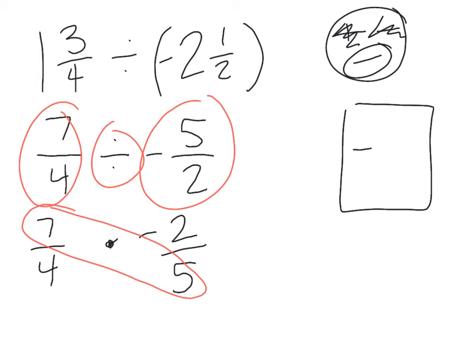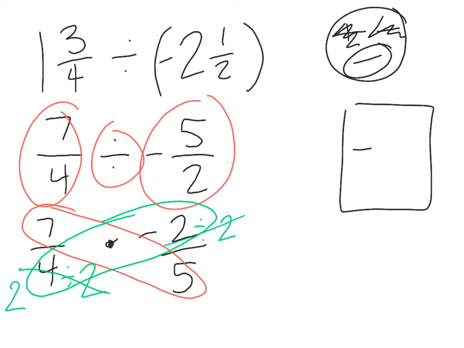Now I'm going to check the other corners. 4 and 2, I can divide them both by 2. 4 divided by 2 is 2. 2 divided by 2 is 1. So I have 7 times 1 is 7. 2 times 5 is 10. I can't simplify that anymore, so I go up to my final answer box, and I have negative 7/10.